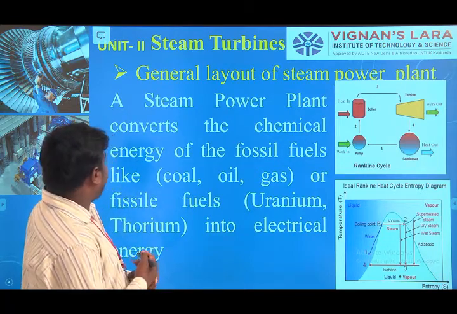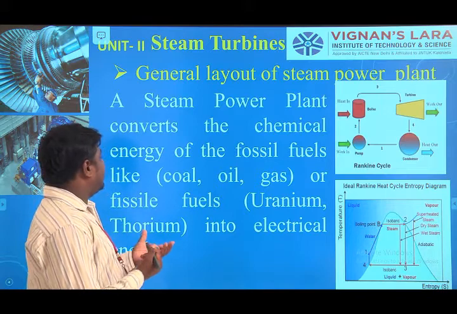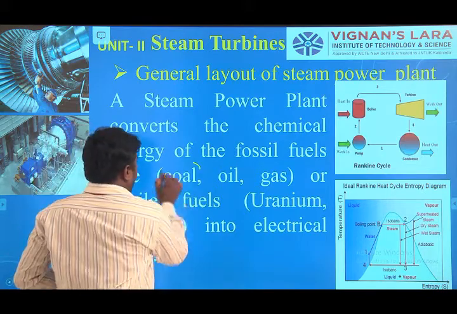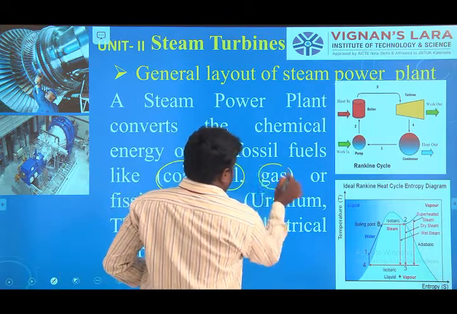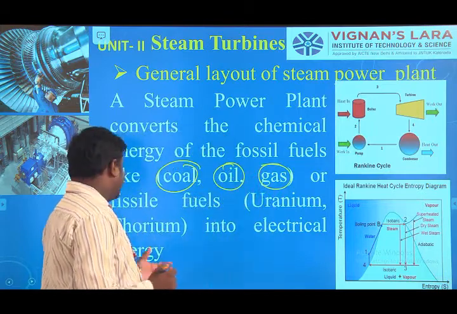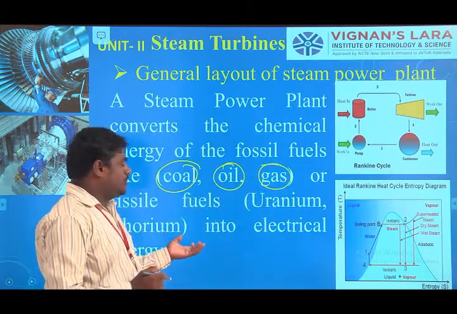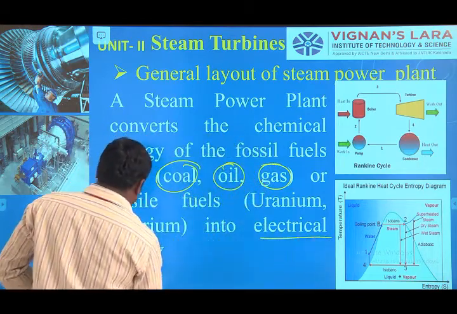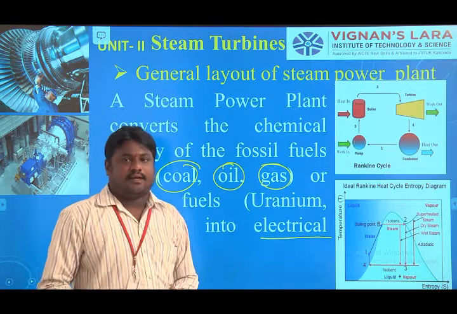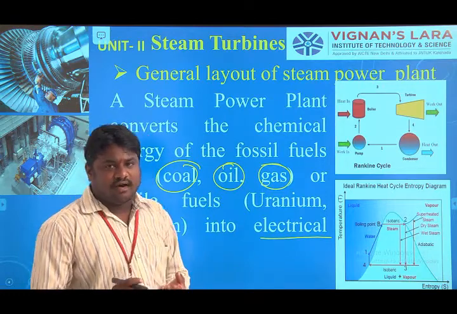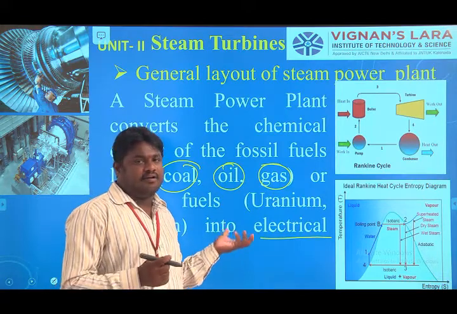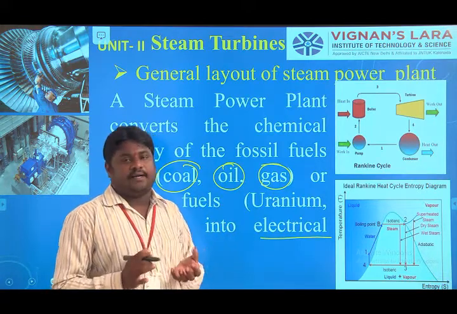A steam power plant converts the chemical energy of fossil fuels like coal, oil, gases, or uranium, thorium into electrical energy. The main concept of a steam power plant is to produce power.